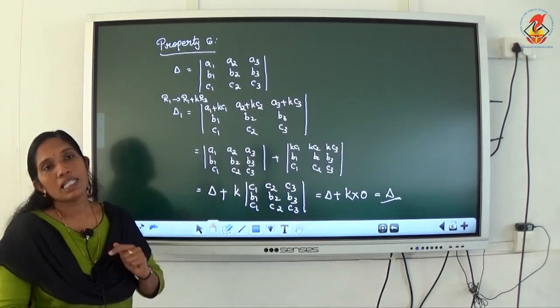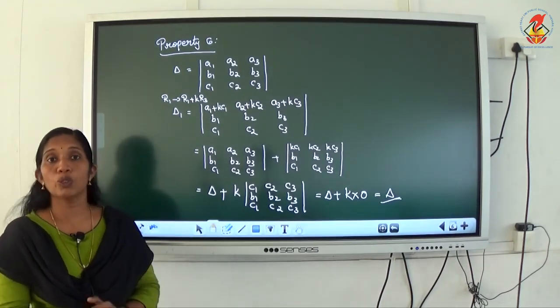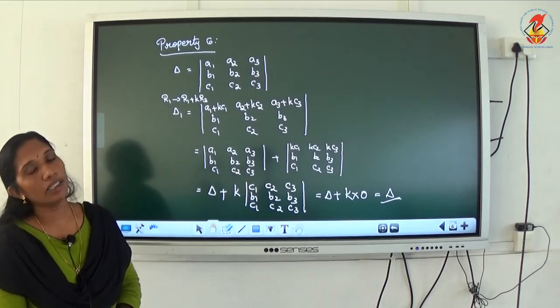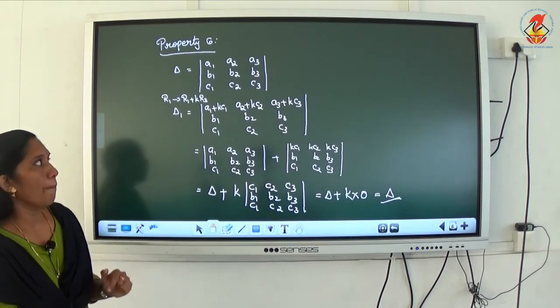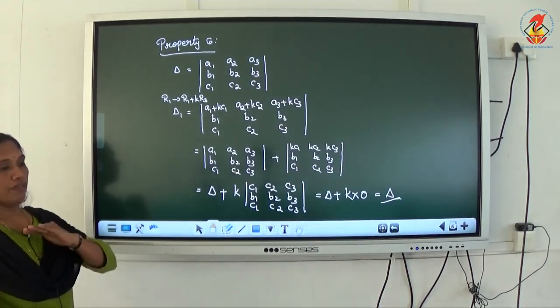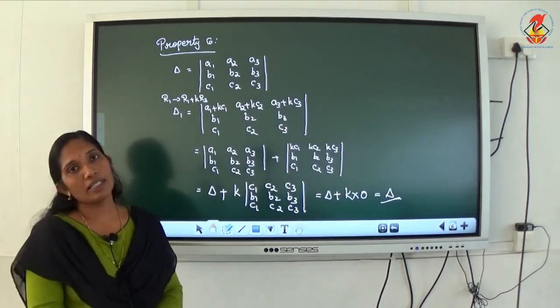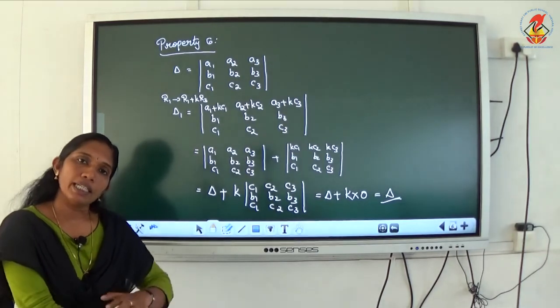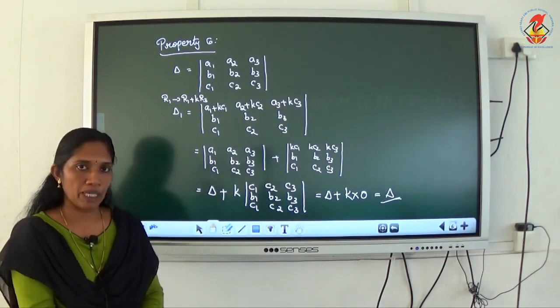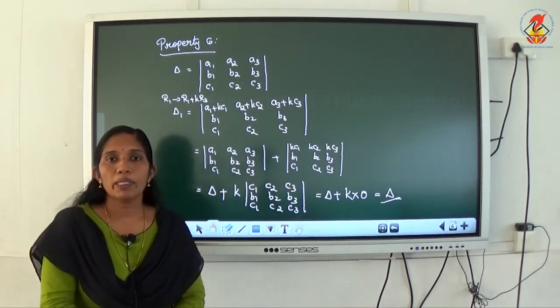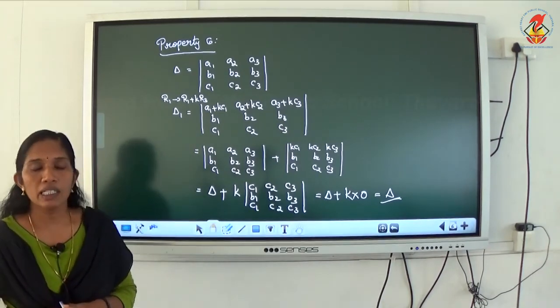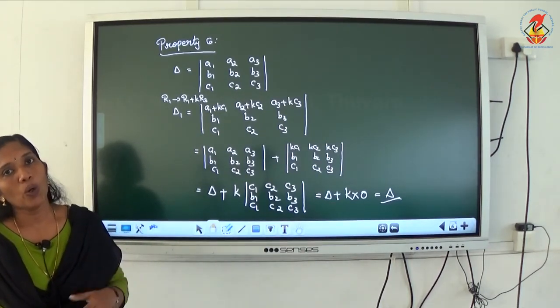The third: if any two rows or two columns are identical, the value of the determinant is 0. The fourth: if each element of a row or a column is multiplied by a constant K, then the value of the determinant gets multiplied by K. By using that property, we can take out any common factor from any one row or column.